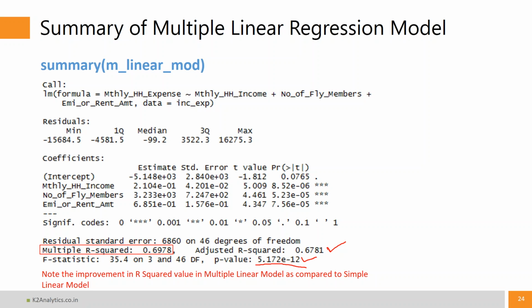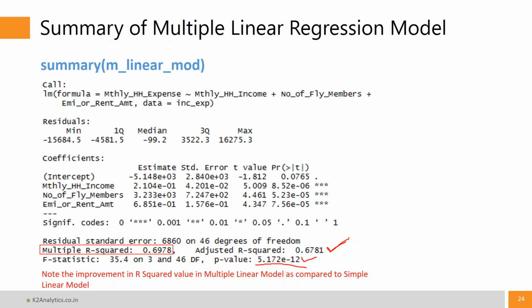Adjusted R square says that 67% of the variance in your target variable is explained. 30% variance is still not explained. If that 30% of variance has to be explained further, then probably you may need additional variables.